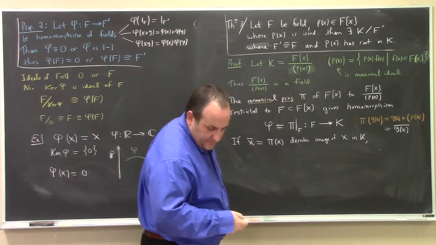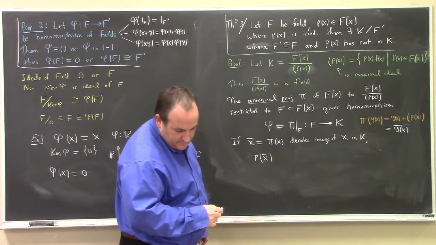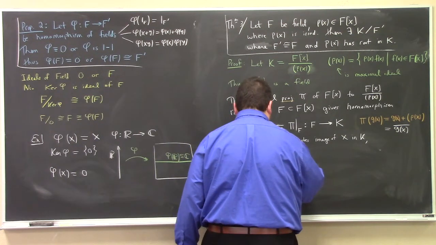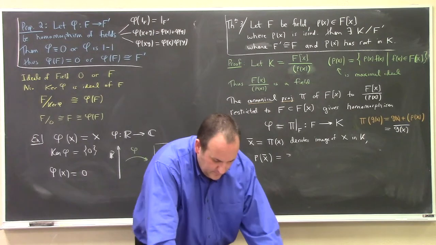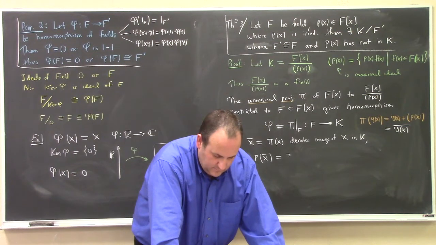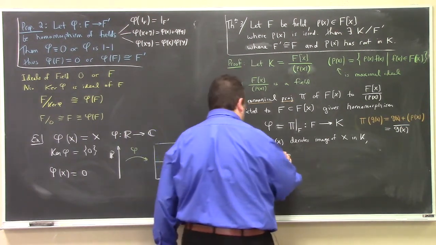All right, then P of x bar is equal to... well, this is pretty sneaky.